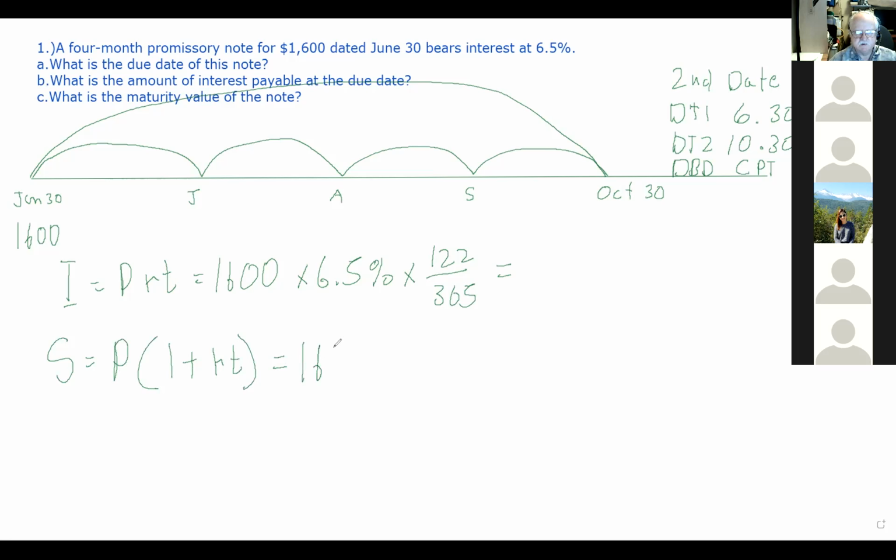So it was 1,600 times 1 plus the rate of 6.5% times 122 over 365. And that gave us our answer. Is that good? Yes, thank you. Okay, and I'll send out the snapshot that has these answers on it.